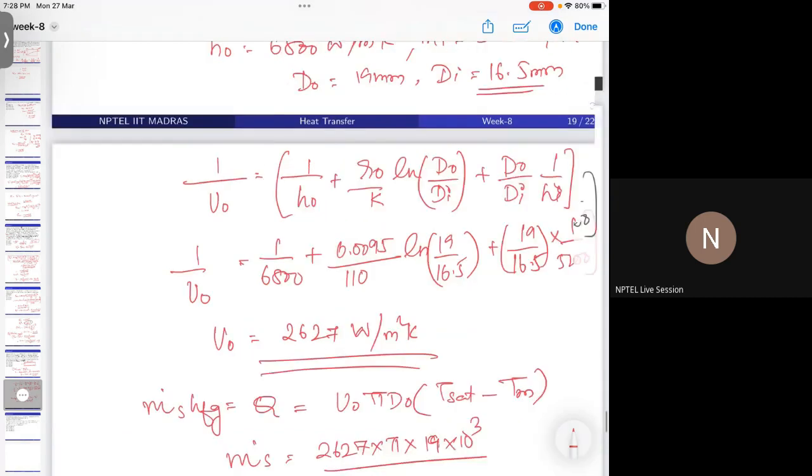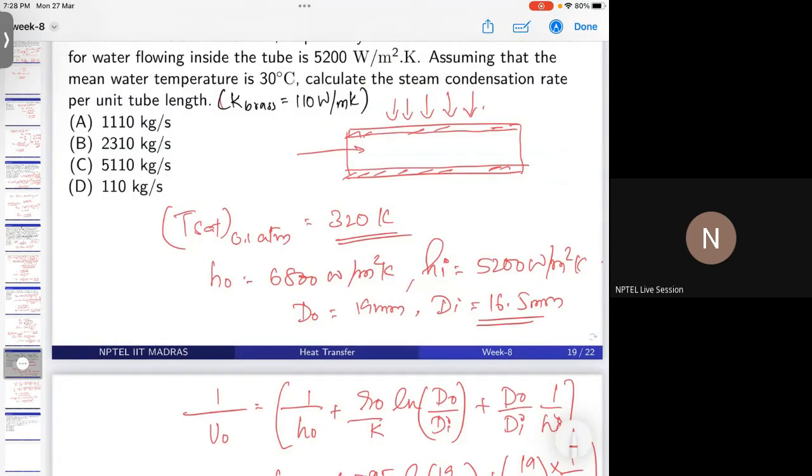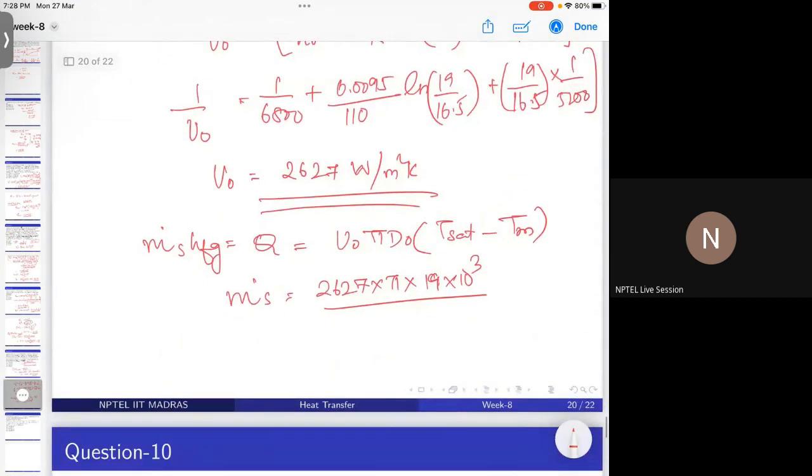HFG, you have to find out by checking the steam tables. I hope you know how to use steam tables. So this will come out to be around 1.11 into 10 raised to minus 3 kilogram per second.